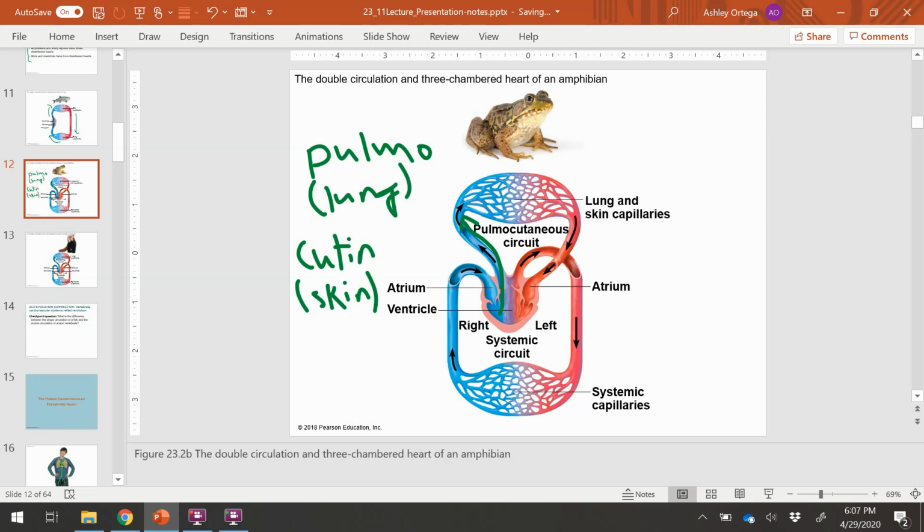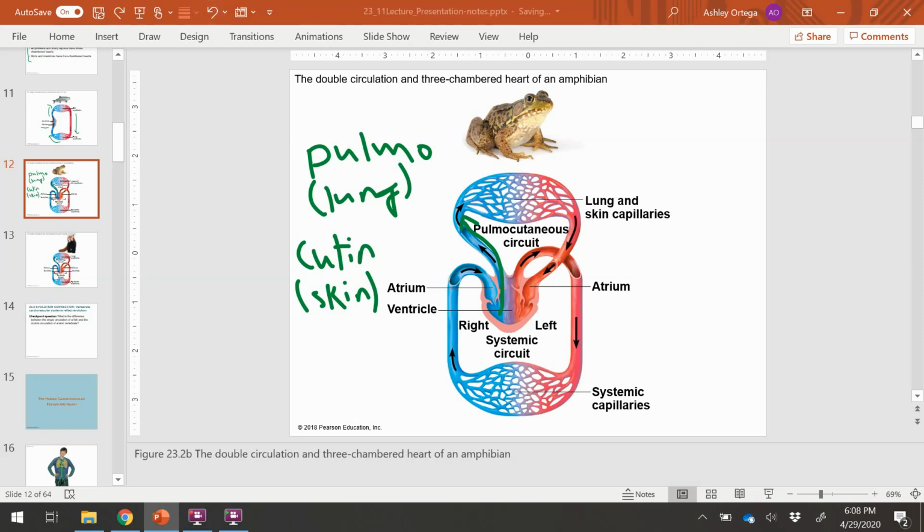It's going to lead it back to the heart. So through the left atrium, it's going to temporarily store it. And then it's going to pump it through the ventricle again. And so that is then going to pump it, the ventricle is going to pump it to the rest of the body.